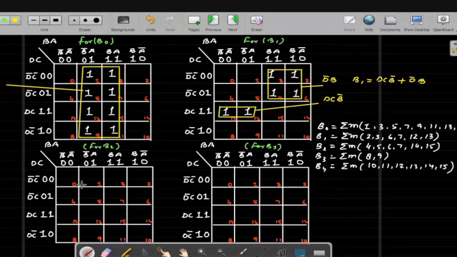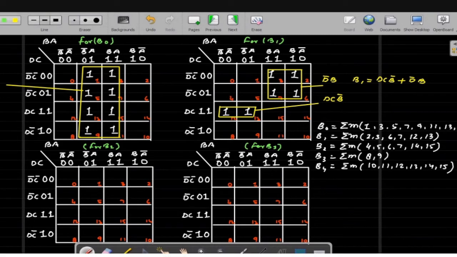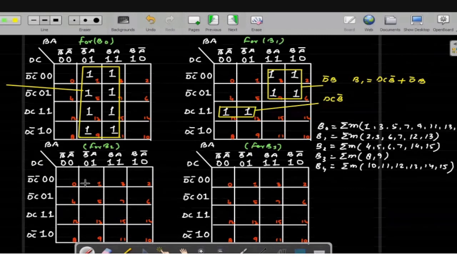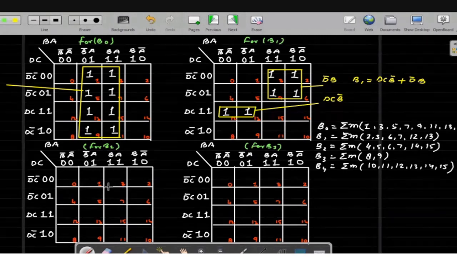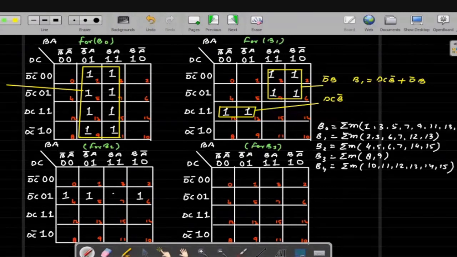Okay, let's move on to B2. First we will fill the map with all the minterms for B2: 4, 5, 6, 7, then 14, 15.